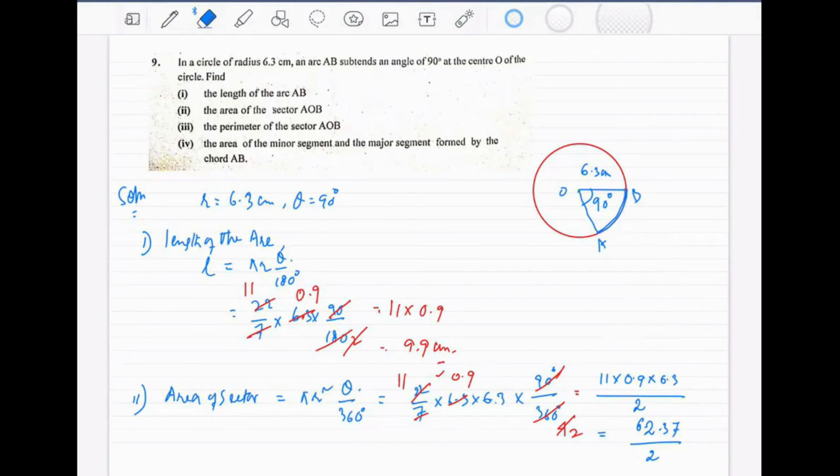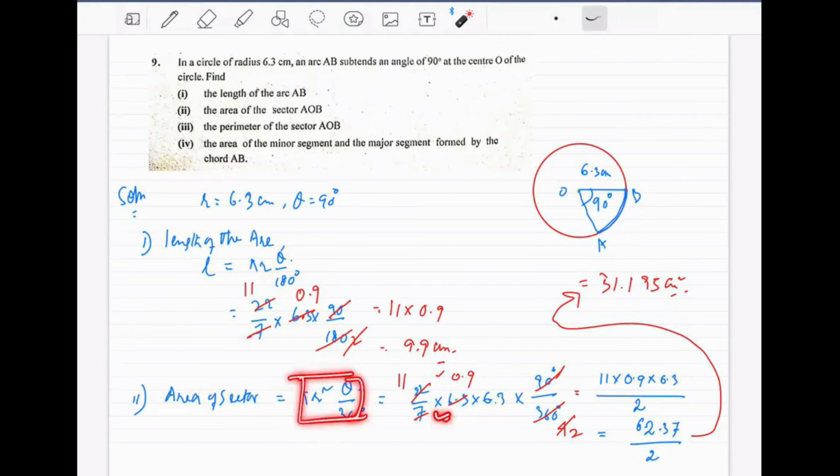You can divide this by 2 and then you can obtain 2 threes are 6, 2 ones are 2, 2 ones are 2, 2 nines are 18. So once you know the area of the sector, the rest is just multiplication and division.